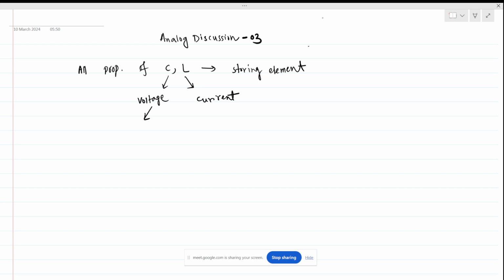The capacitor resists the instantaneous change of voltage across it.